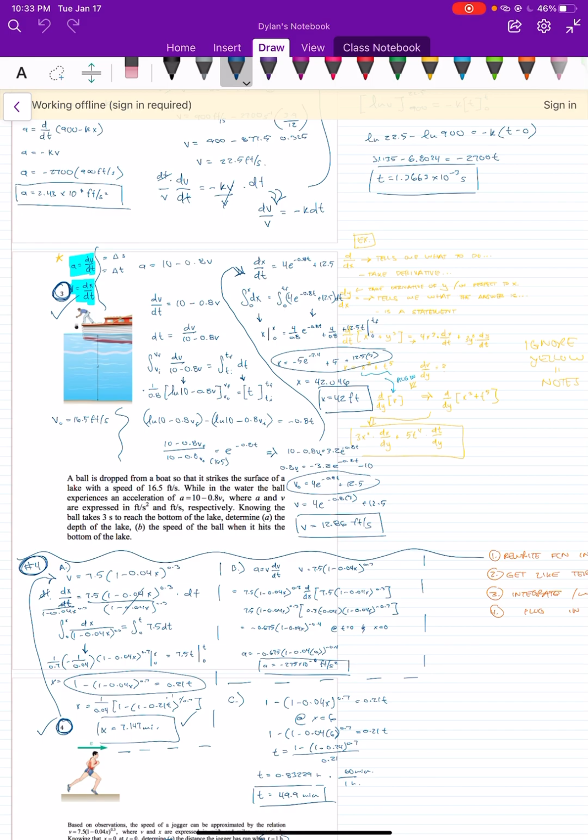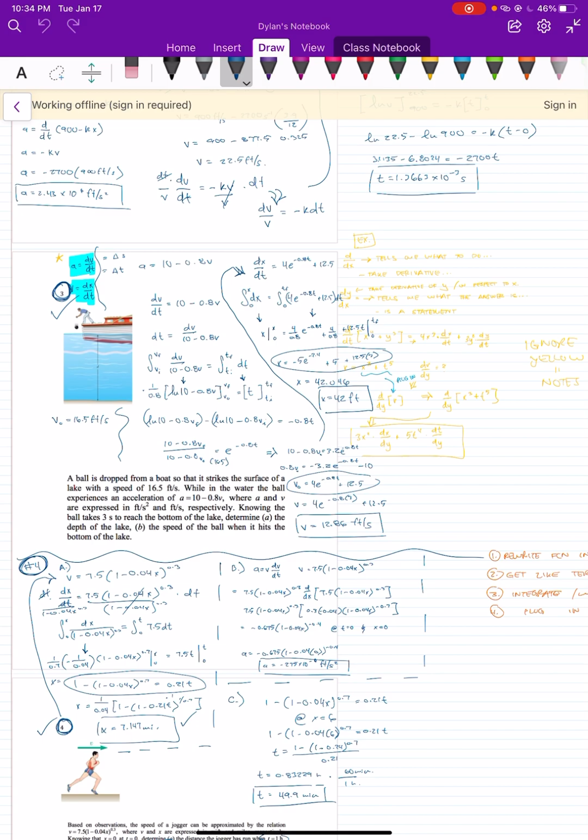I got like terms on each side of the equation and integrated. However, I first needed to find my values of integration. So I was able to do that, plug those in, and solve for my initial velocity. And then I plugged that back in after I found my time.